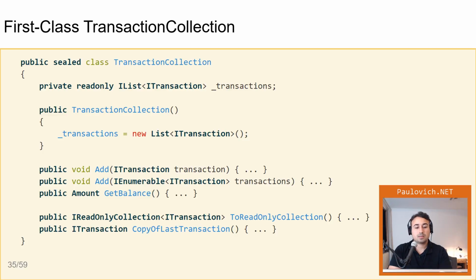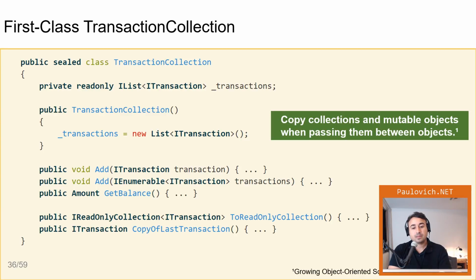Also get balance, because that's the only logic that the transaction collection is required to do. And the benefit of using this transaction collection class is that if I want to get the balance, I just need to call the get balance operation.